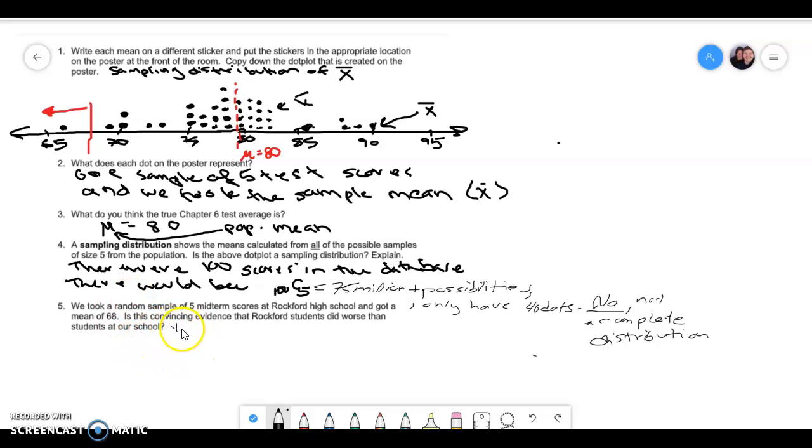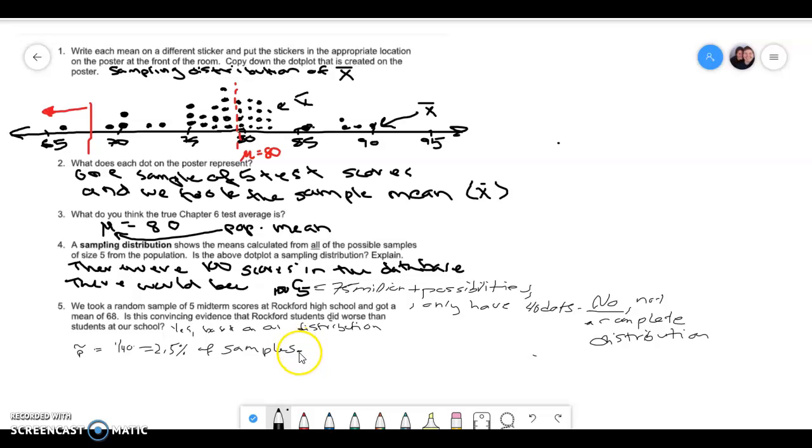So I would say yes, based on our distribution, the proportion of samples that had a mean lower than a 68, and that's going to be the p-hat, is equal to 1 out of 40, which is equal to 2.5%. So 2.5% of samples were 68 or below.